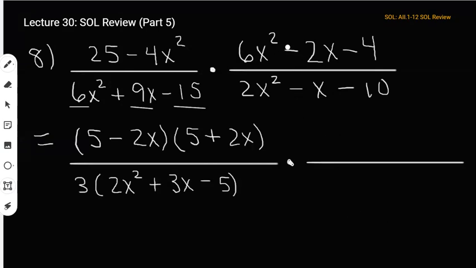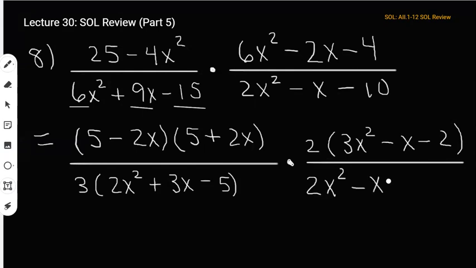Over here on this side, I can take out a 2 from the top. When I do that, I'm left with 3x squared minus x minus 2. And then the denominator, I still have that 2x squared minus x minus 10. I can't take anything out from that.